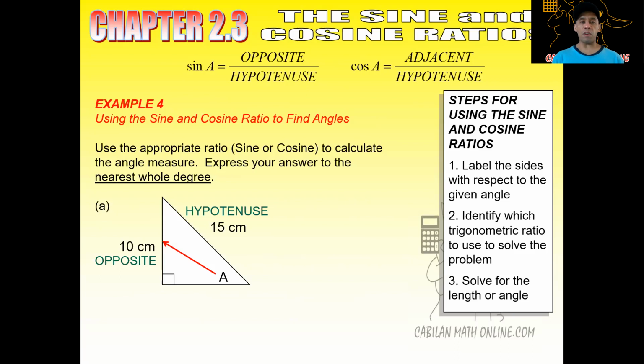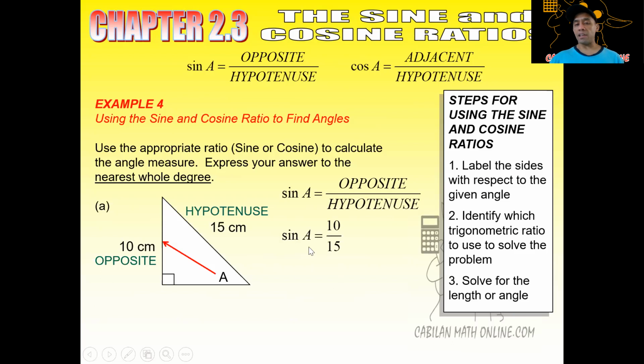We're going to use the sine ratio with one slight difference. When we put the numbers in here, the A is what we're going to be solving for. I want you to see what we're going to do here. In the next step, you could take the 10 and divide it by 15, which gives me 0.6667.